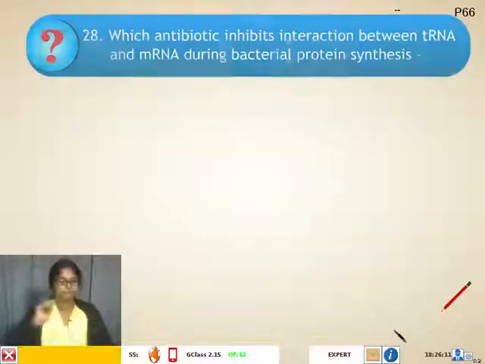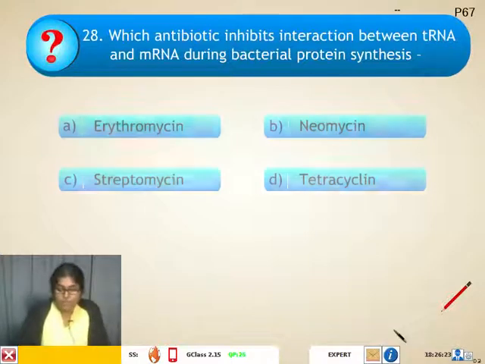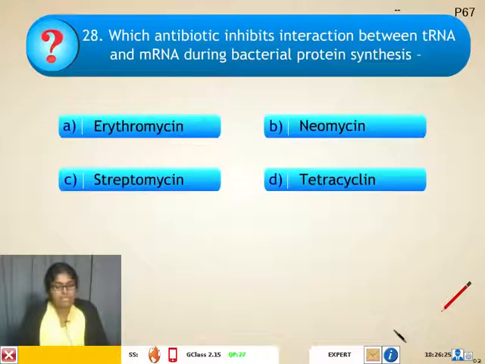Okay. Which antibiotic inhibits interaction between tRNA and mRNA during bacterial protein synthesis? Your options: erythromycin, streptomycin, neomycin, tetracycline. So let me read out the question.